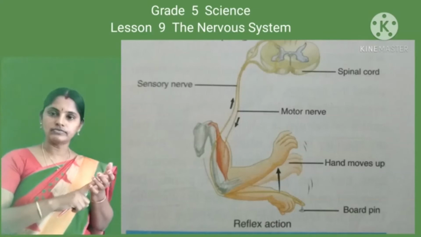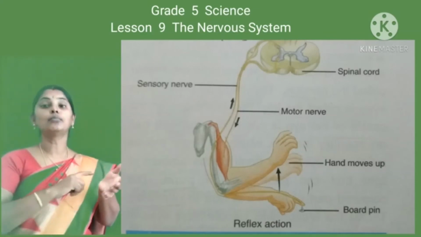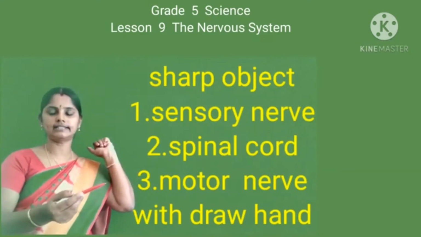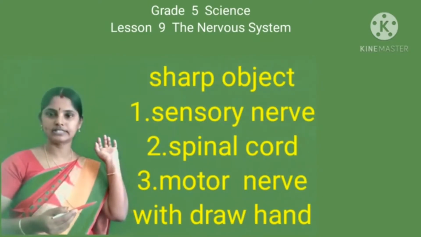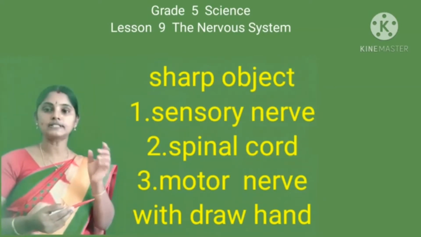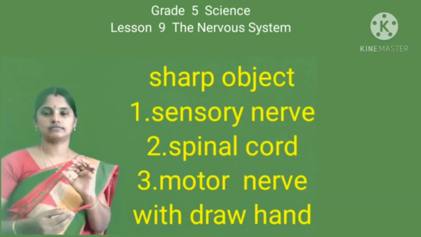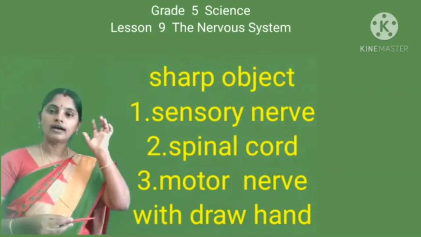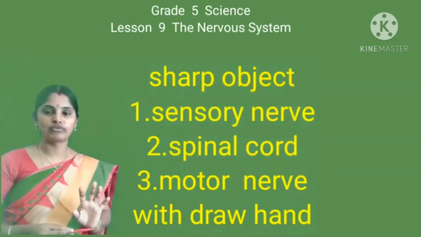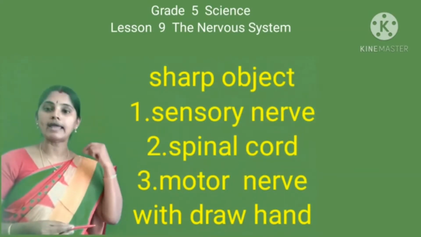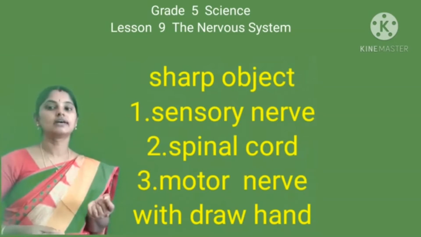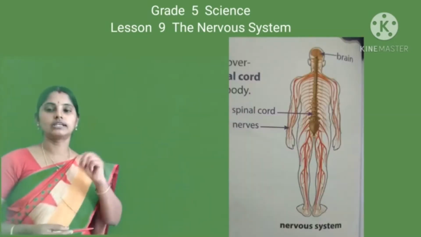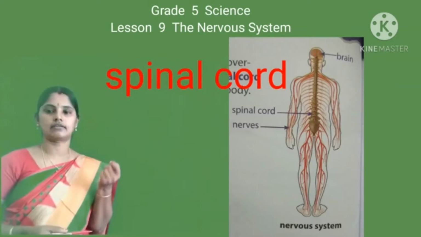So immediately we withdraw the hand, isn't it? Why does it happen? Because of the reflex action. The brain has no control over the reflex action. Only the spinal cord has control over this immediate action. Now we will see about the spinal cord.